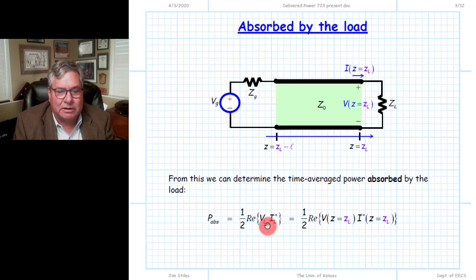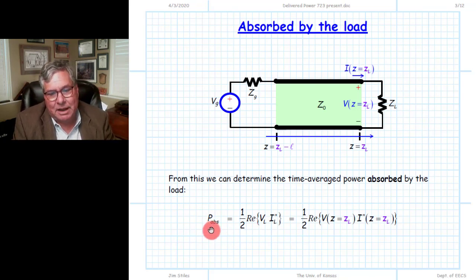The product of these two things, VL and the conjugate of IL, is a complex number. We then extract the real part of that number, divide by 2, and what we get is the absorbed power, the rate at which energy is being absorbed by that load.